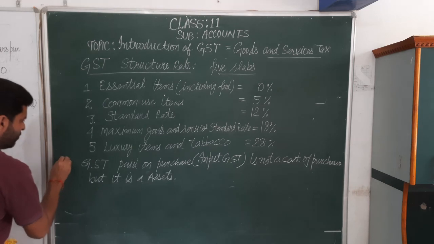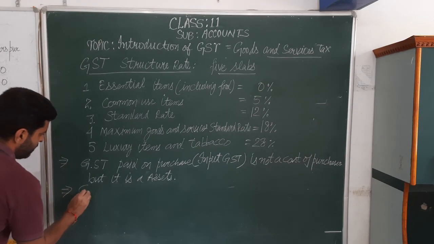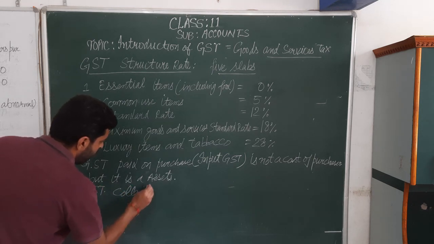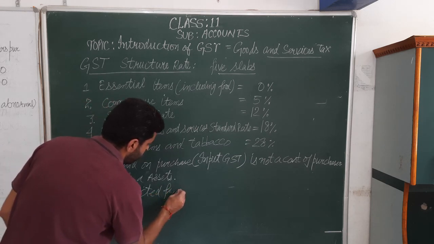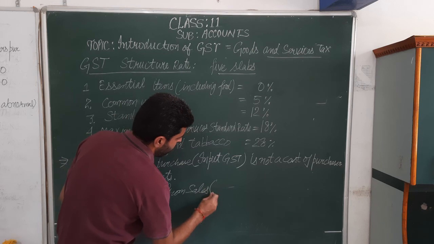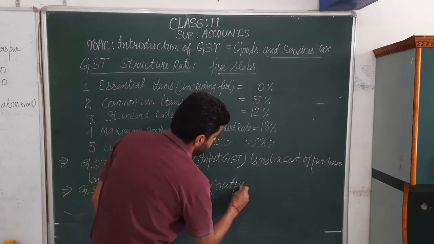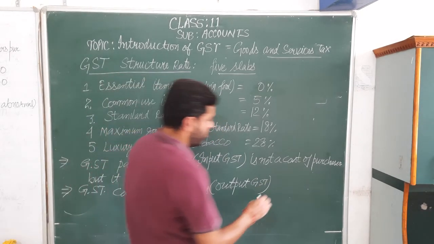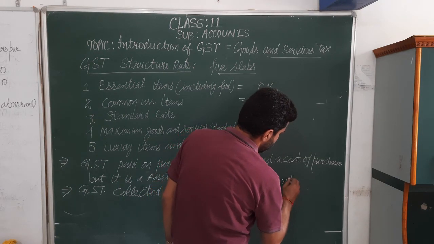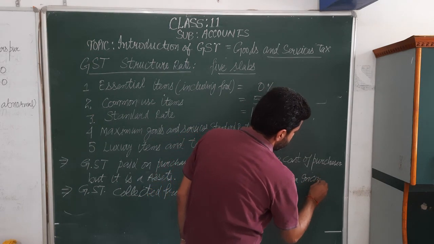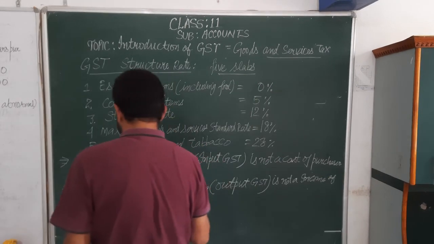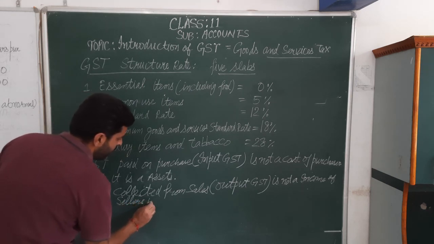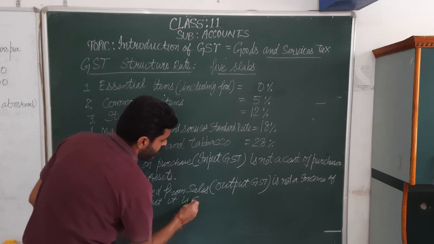And next one, GST collected from sales, known as output GST, is not the income of sellers, but it is a liability.